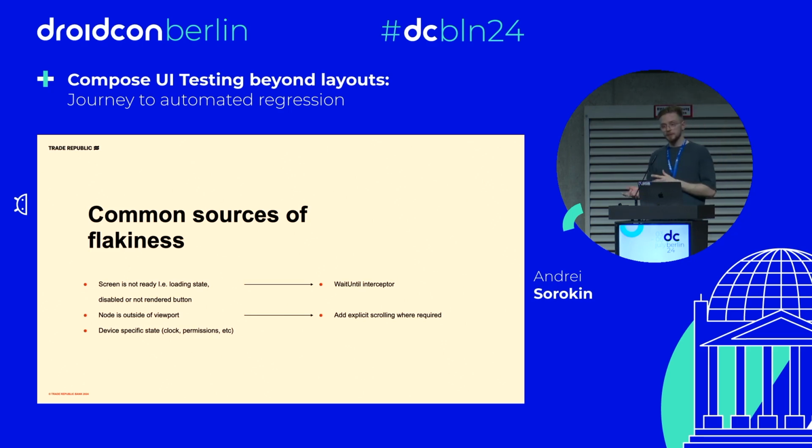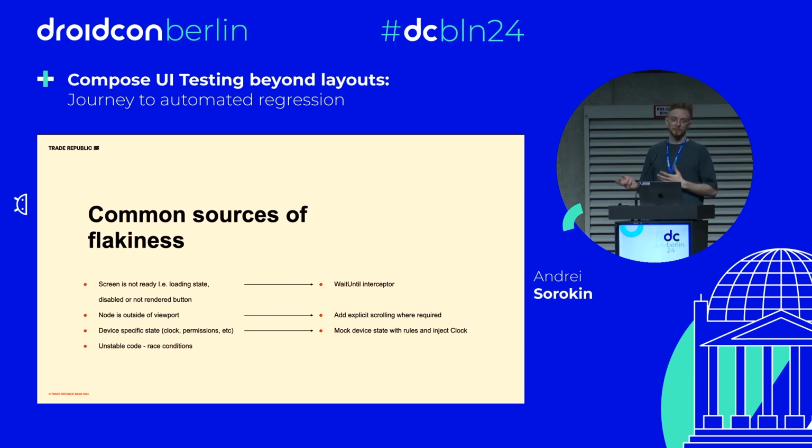Now, if it's a device-specific state like clock, permissions, or anything like that, there are rules that can mock your permission, like a grant permission rule, or you can inject the clock in your code to help with unit testing, but you can also provide a test clock that would always be the same across UI tests.